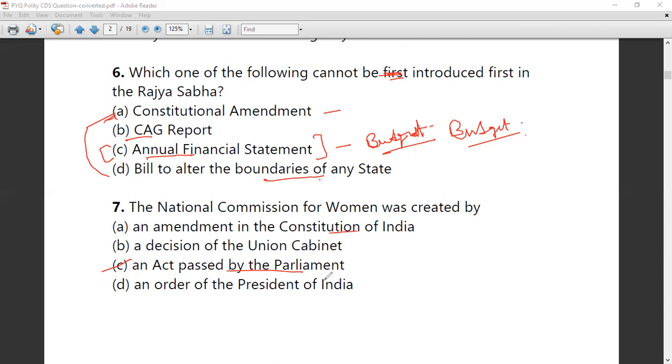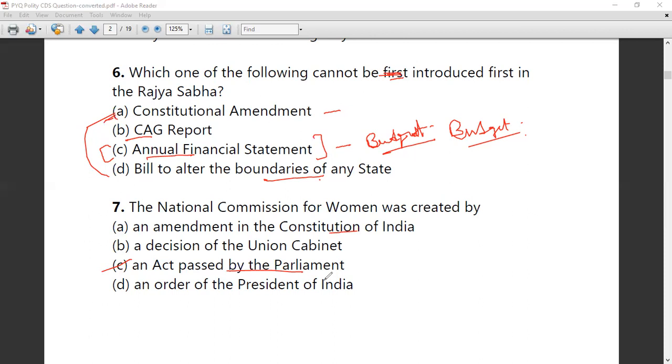Here I will tell you what the National Commission for Women is. Actually, it is a statutory body. See, what is the difference between a constitutional body, a non-constitutional body, and a statutory body? When a law is passed and it is mentioned in the Constitution, according to some article that has been passed along with amendments, then these are constitutional bodies.